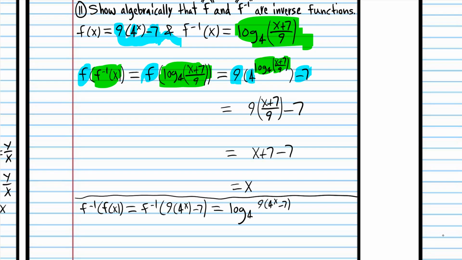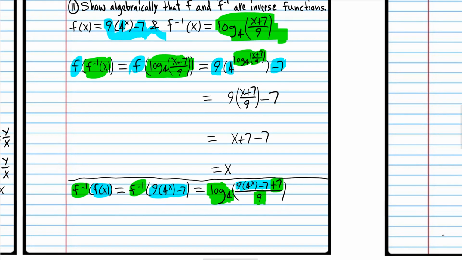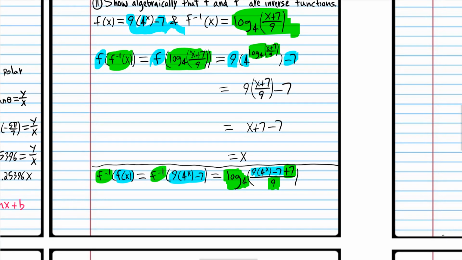So I know I'm kind of writing small here. Okay, so we've got the green function on the outside and the blue function on the inside. Again, you don't have to use colors. So let's simplify.